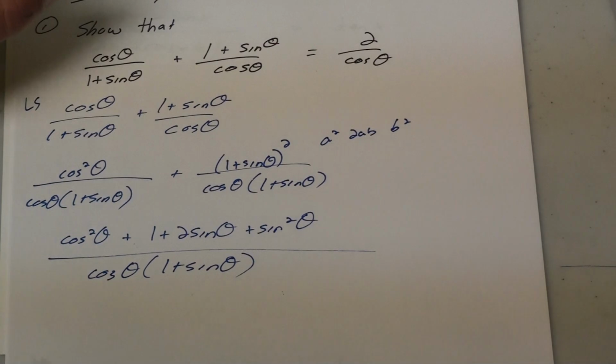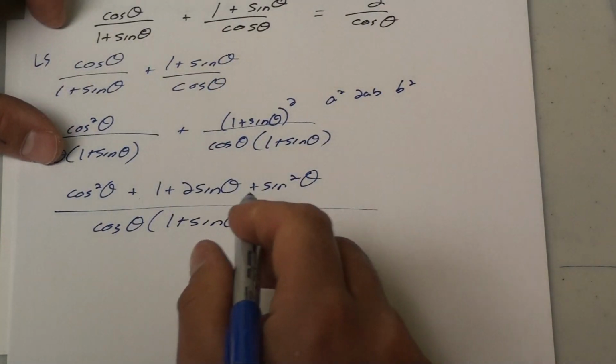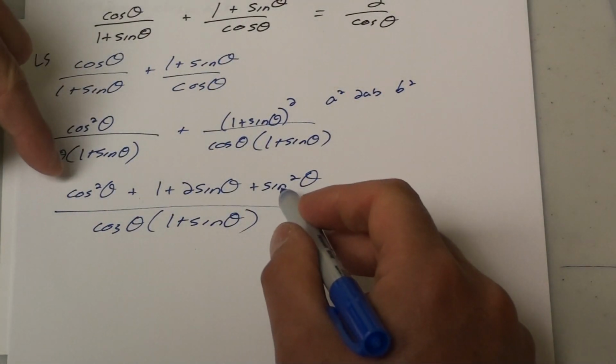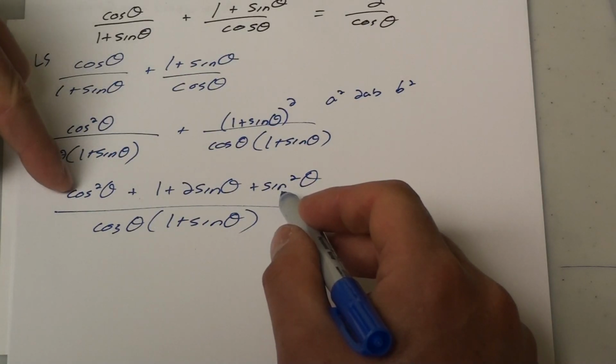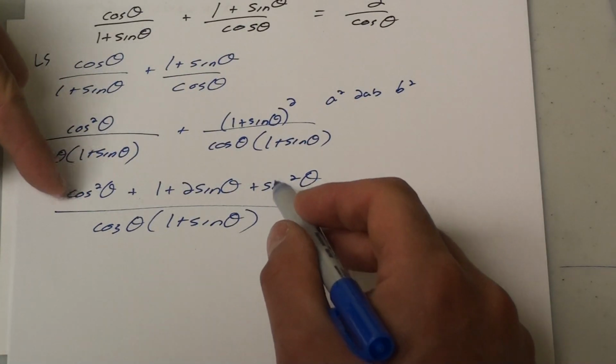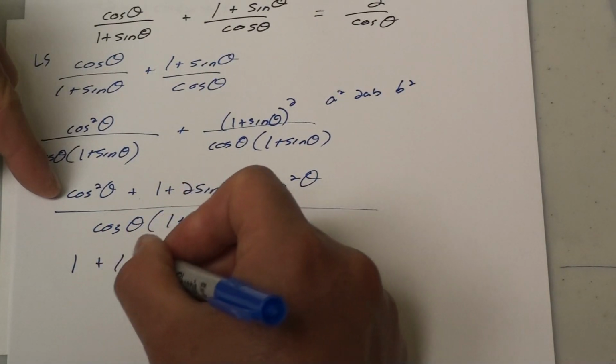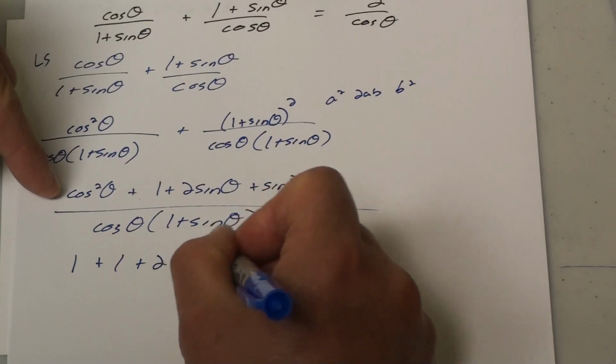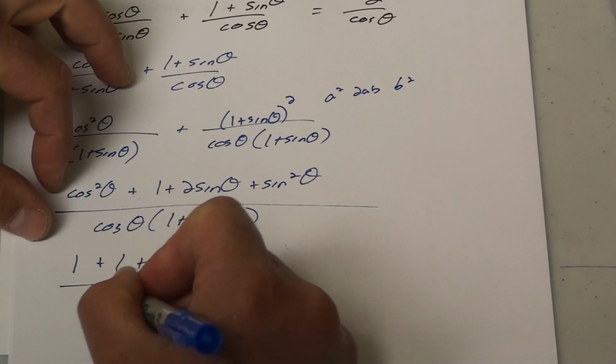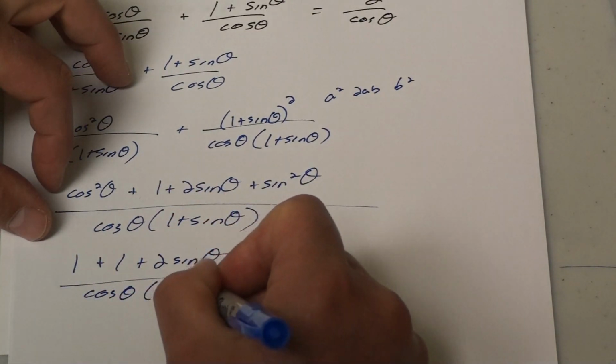Working here, I have a sine squared theta and a cos squared theta adding, so I know that's going to give me another 1, because that's the Pythagorean identity. So I want to have another 1 plus 2 sine theta all over cos theta times 1 plus sine theta.